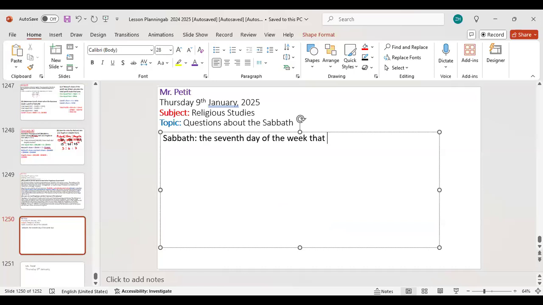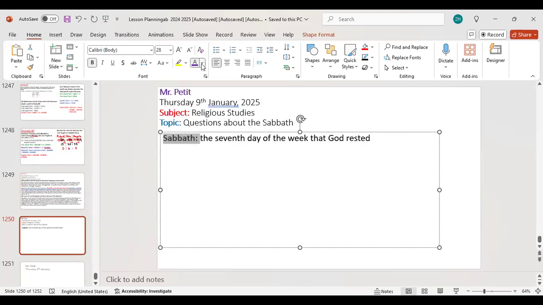And why did they observe it? Because of what? From Genesis, remember, God rested on that day. God rested on the seventh day. So the seventh day of the week that God rested is Sabbath. And when you look at the Ten Commandments, you find it there.